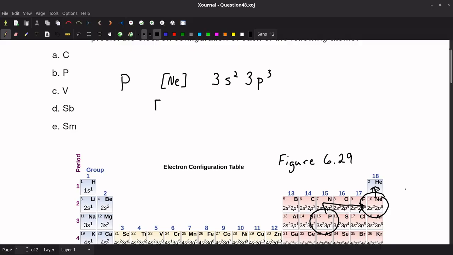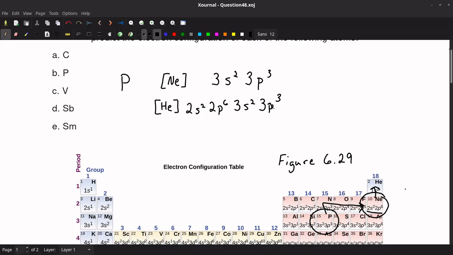So neon has a helium core with 2s2, 2p6, that's the portion I read right off of here, and then we need to finish it off with the valence portion for phosphorus that we know that it has. I'm sorry, I started writing something else there for a second. 3p3.